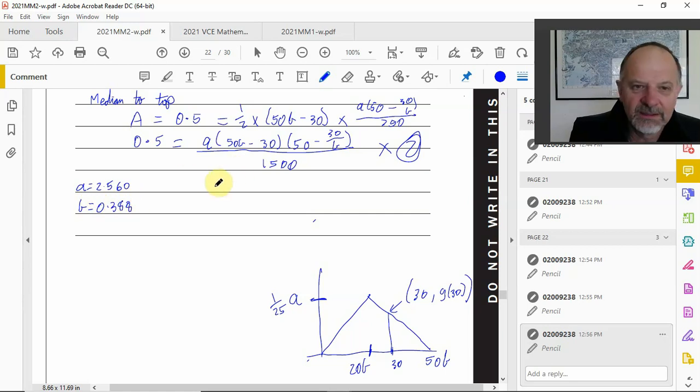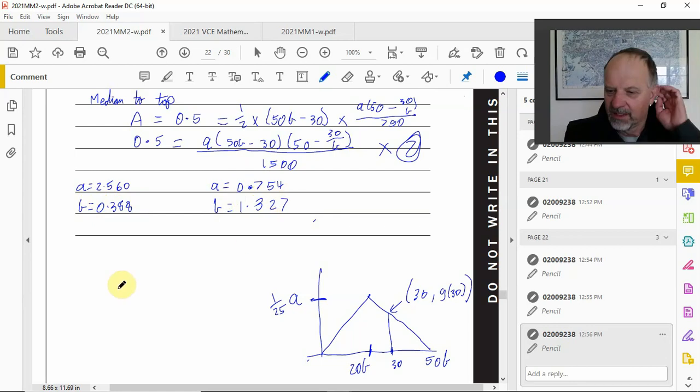And the other one says that a is 0.754 and b is 1.327.